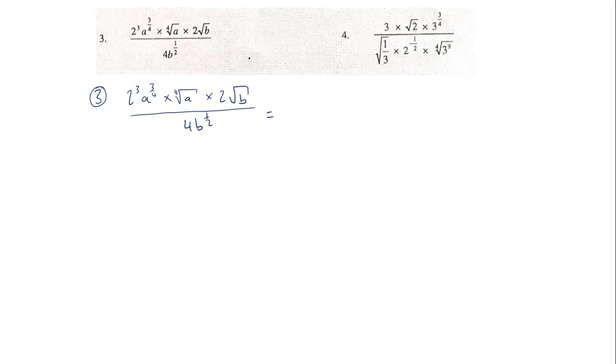Now, I said to you, when you have situations like this, you start with the numbers. But be careful how your numbers are presented. Now, let's have a look at these. We have 2 to the power of 3, we have 2 there, we have 4. That means we have numeric bases.